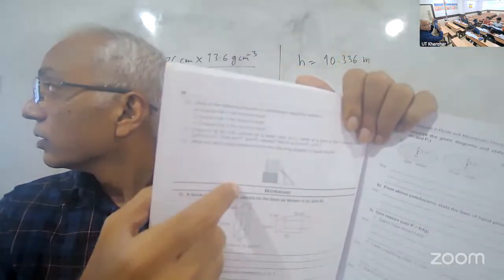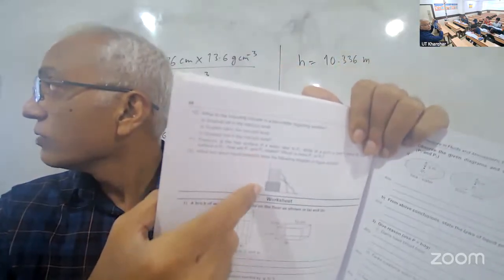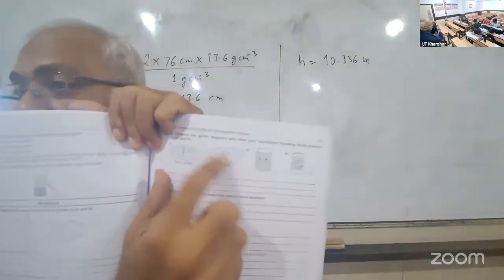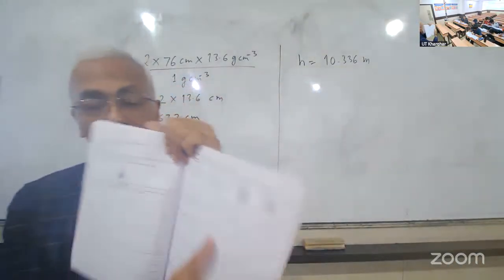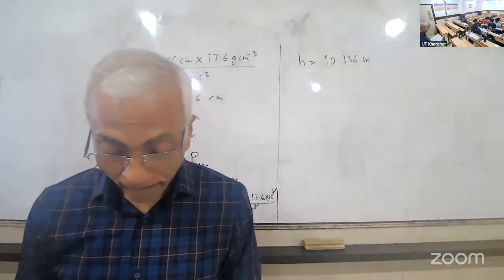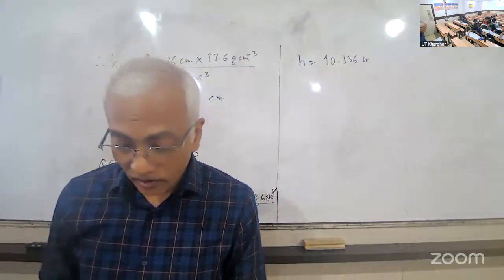Okay. So what is the fact? Pressure increases with depth. What about this question? Everybody look at this question. Question number 2, page 69. Who will answer the first part?